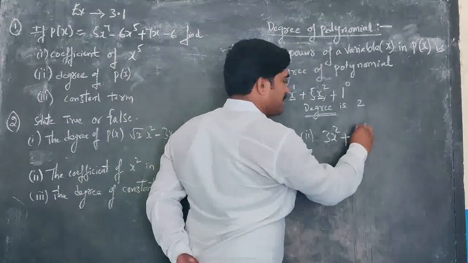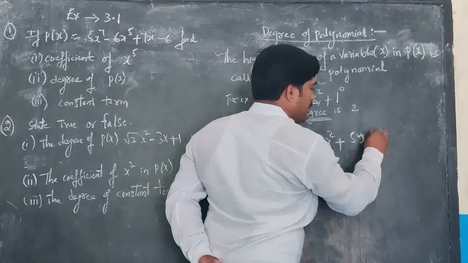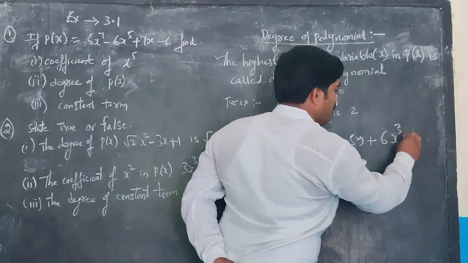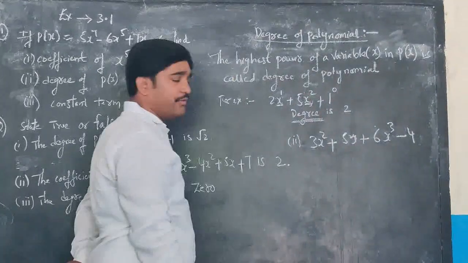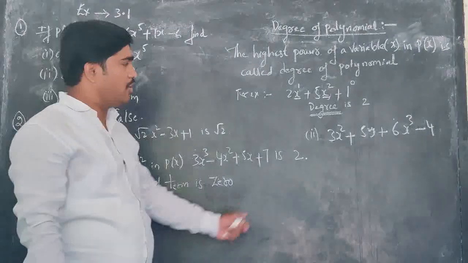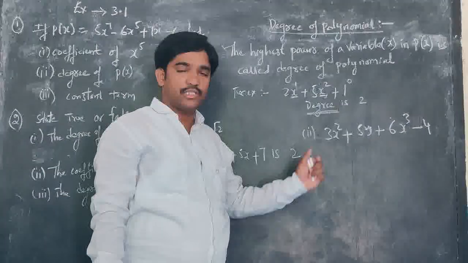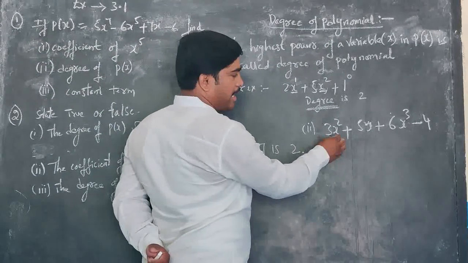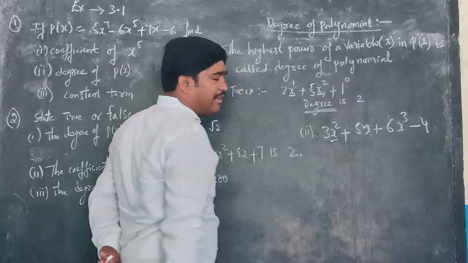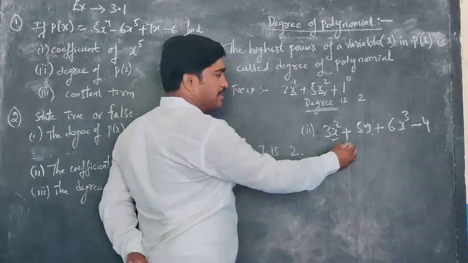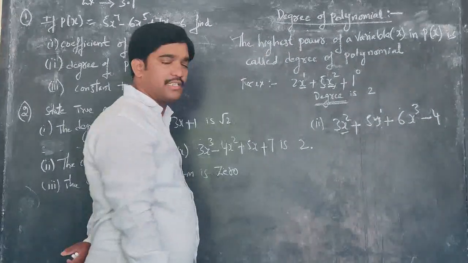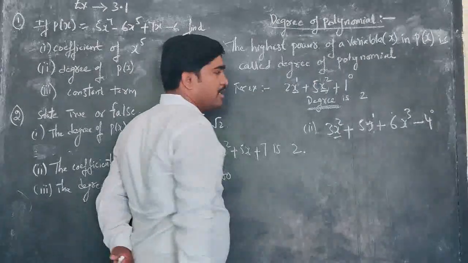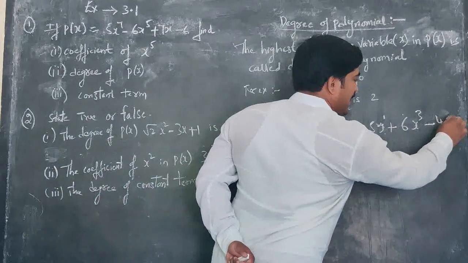Now similarly we go for another example: 3x squared plus 5x plus 6x cube minus 4. Now how to find out the degree of this one? First check how many variables are there: x square, x and x cube. When nothing is given, I will consider that as power 1, and for the constant, the power is 0, since it is having x power 0.